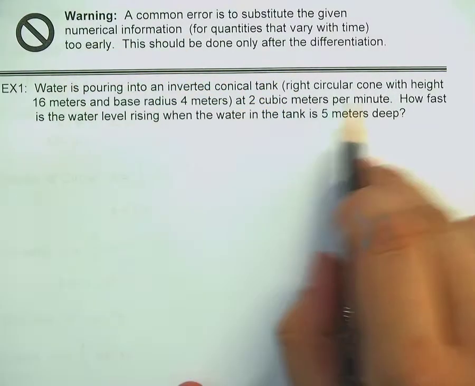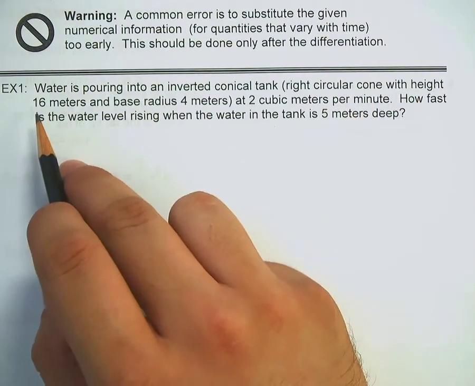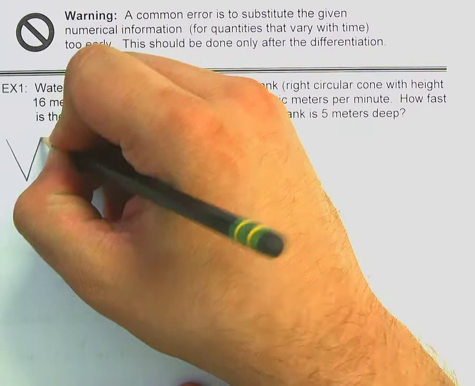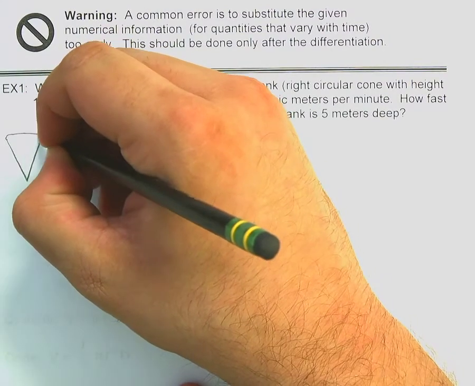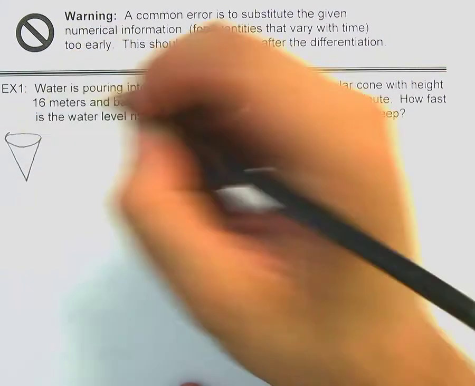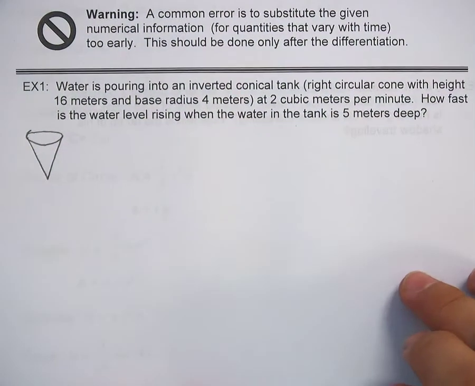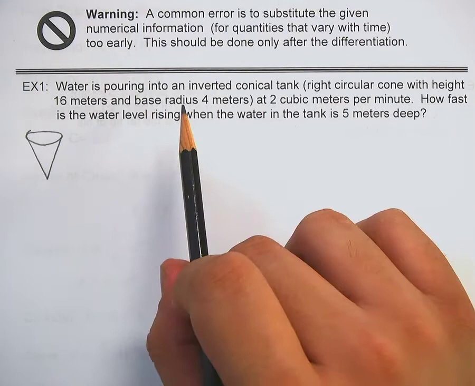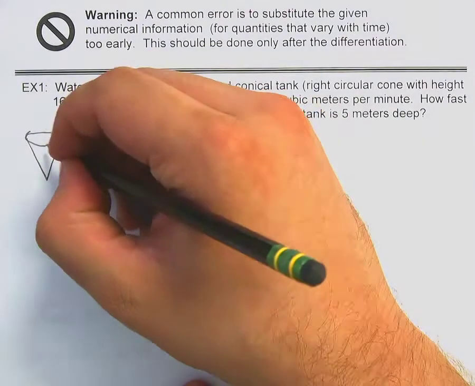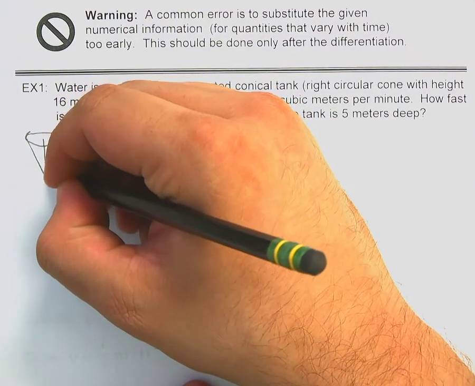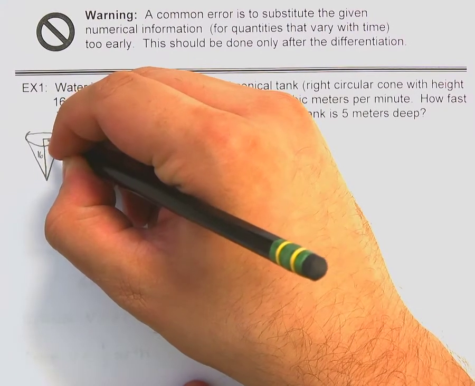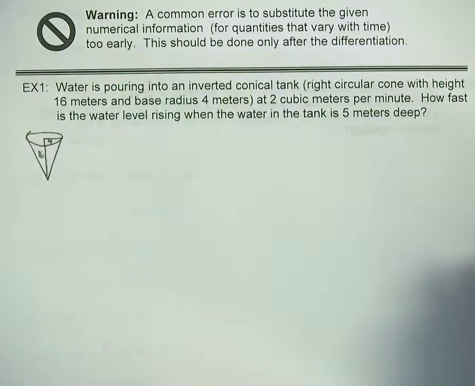So it says it's a right circular cone and it's inverted. So I'm going to draw an inverted circular cone as best as my capabilities can. It says a height of 16 meters and a base radius of 4 meters. So your height is 16, your radius is 4.